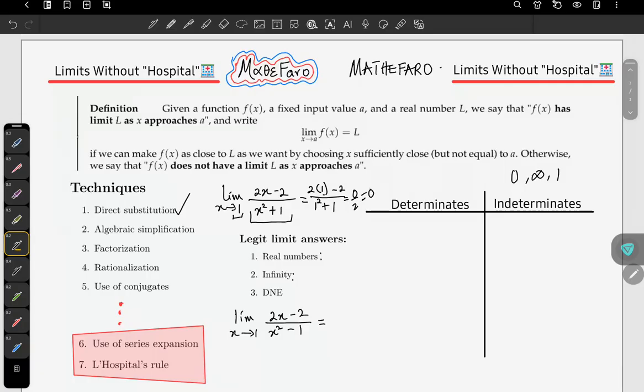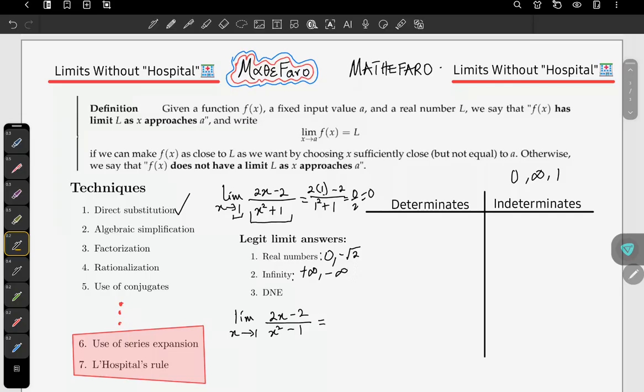That brings us to what we consider a legit limit answer. We have real numbers, which include the 0 we got up there. Any real number, whether rational or irrational, negative or positive, like minus square root of 2 or 72 over 158, is a legit limit answer. Then the next are positive infinity or negative infinity. These are valid limit answers.